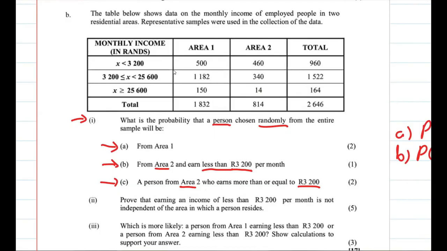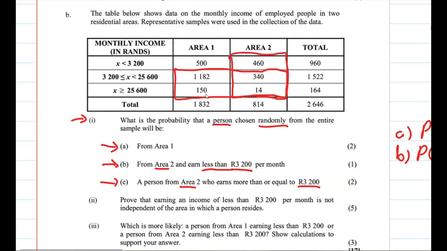Now, that is all of this. You agree? Yes, sir. Because that's all more than or equal to 3,200, even past the 25,600. And area 2, that's all of this, right?